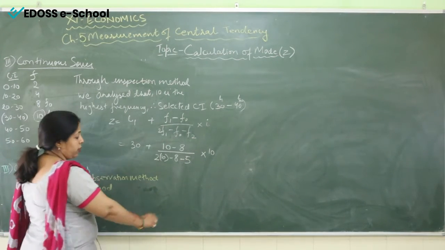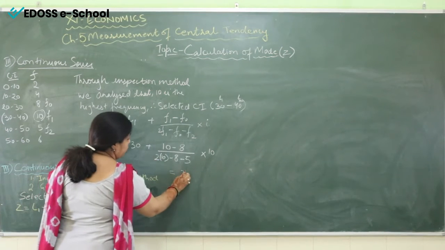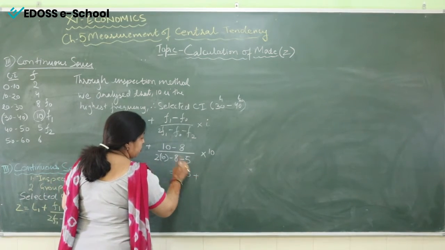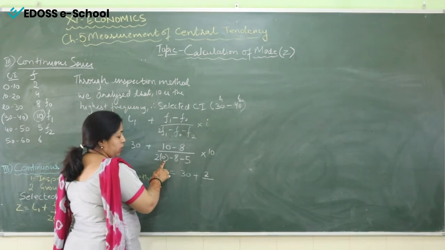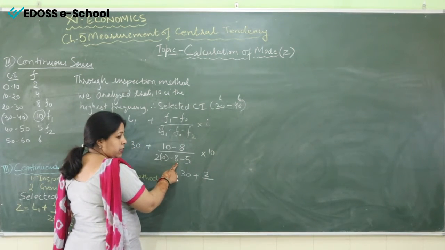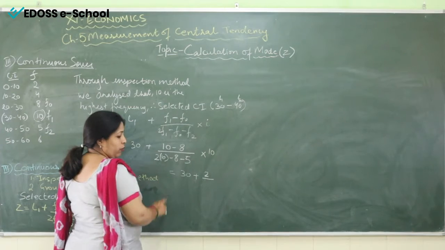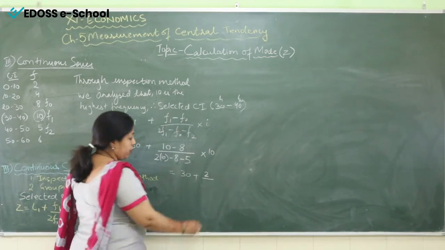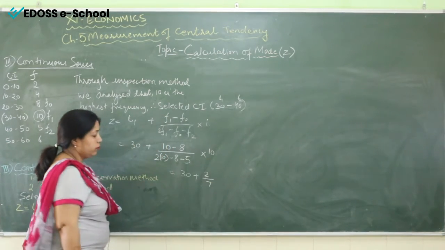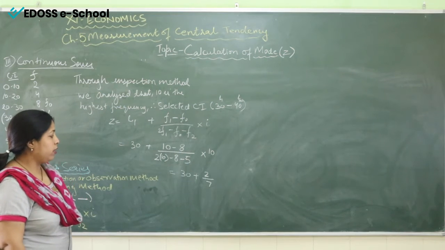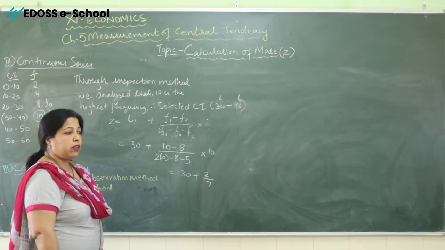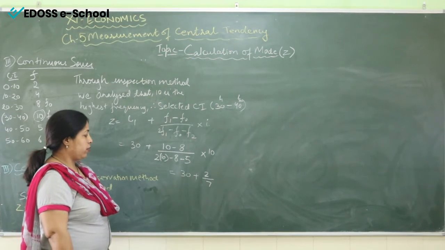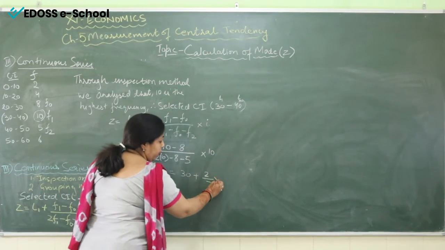Now we are going to solve it. 30 plus, 10 minus 8 is 2, upon 2 tens are 20, 20 minus 8 is 12, and 12 minus 5 is 7, into 10.